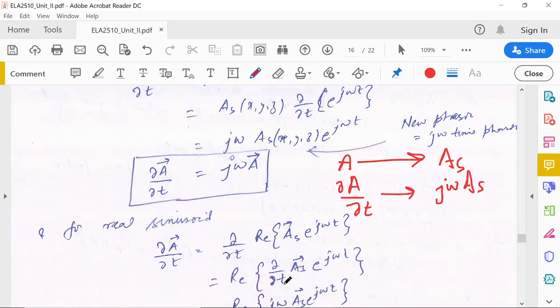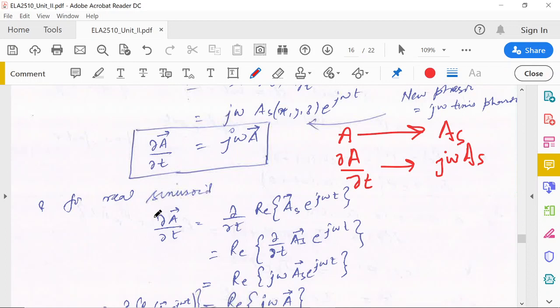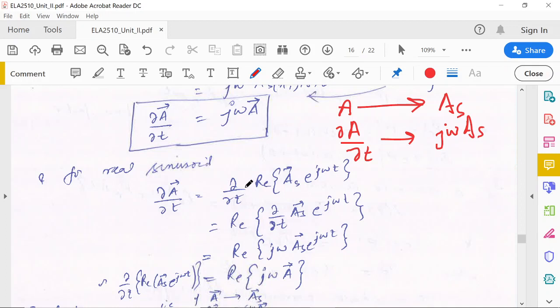Okay. Now, if it is a real sinusoid, for example A is real, we can write del over del t of the real part of A_s e to the power j omega t. Again, we can take del over del t inside, since A_s is independent of time, and just differentiate, which again gives j omega A_s.